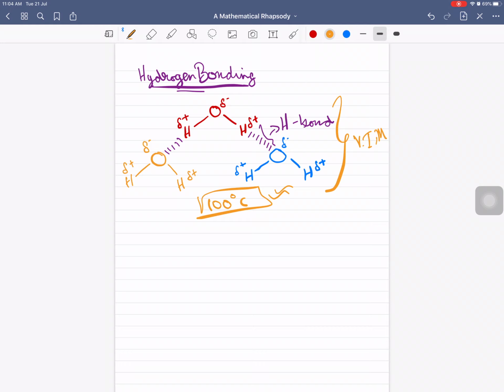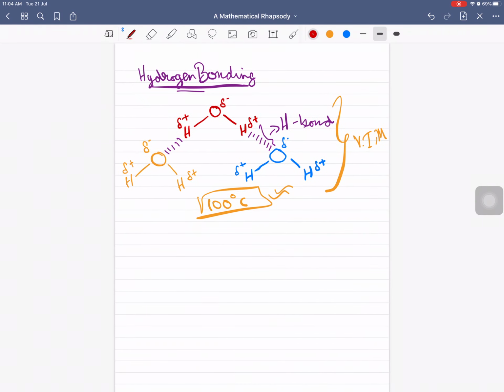Okay, so this hydrogen bond is exactly what causes cohesion and adhesion, which we will be studying after we complete London dispersion forces, right? Okay, so let's talk about London dispersion forces. Hope you understood.